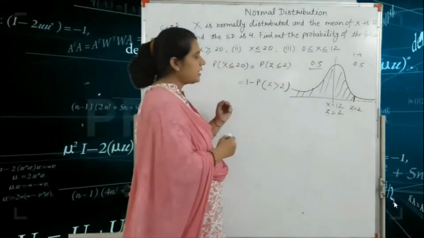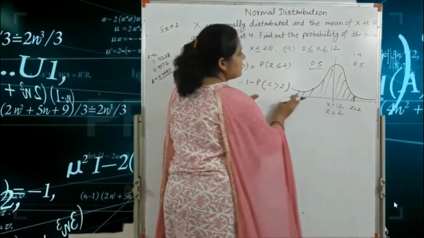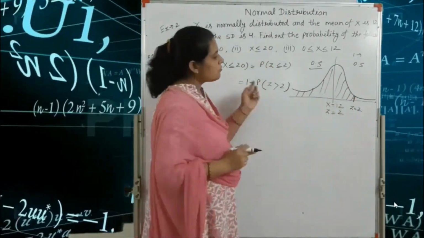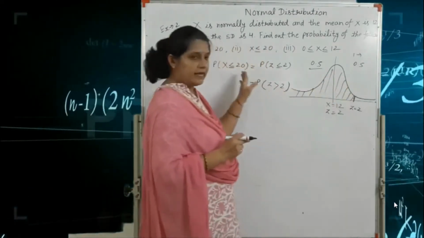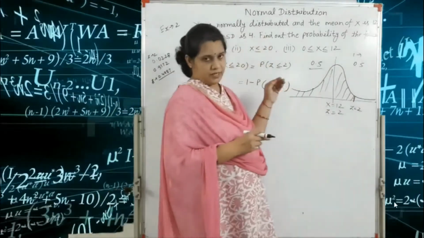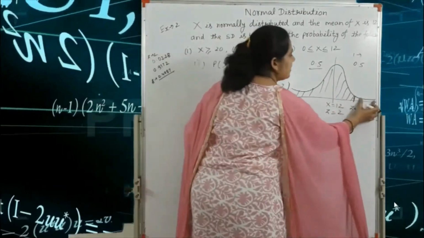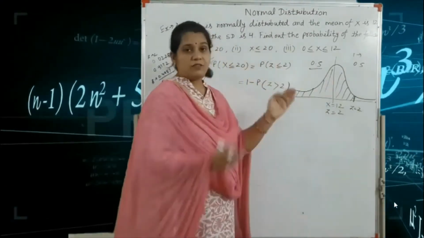Okay, and we find the probability of this area, z less than or equal to 2. So total area is 1, and we write here 1 minus this area. Okay, so we get all the values.